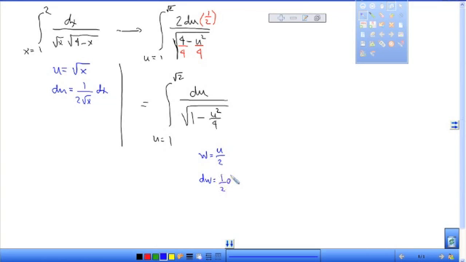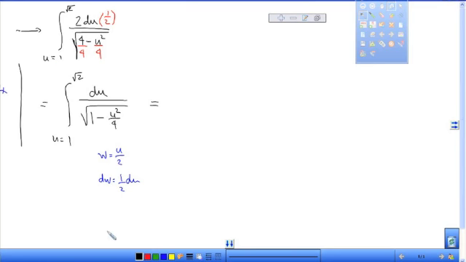So going back and creating some simple substitutions here, what I'm going to get is a definite integral, and in the top, instead of du, I'm going to plug in 2 dw over the square root of 1 minus w squared. And that's the benefit of making the substitution that we did.